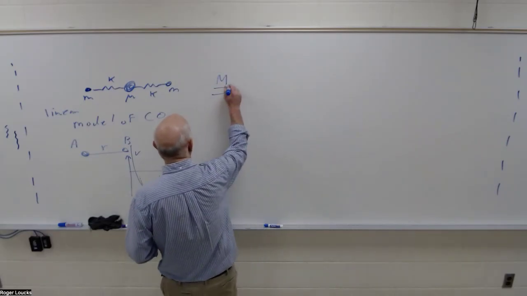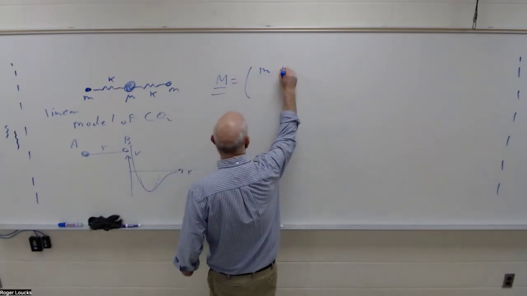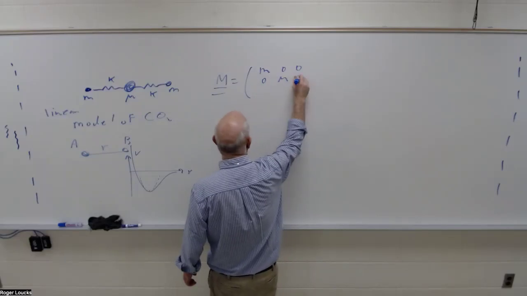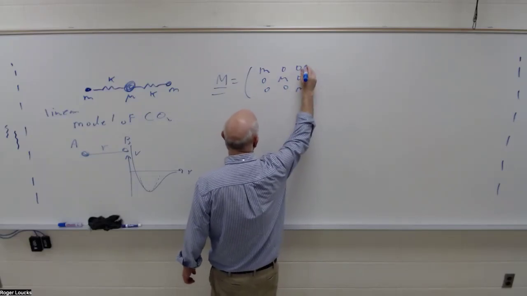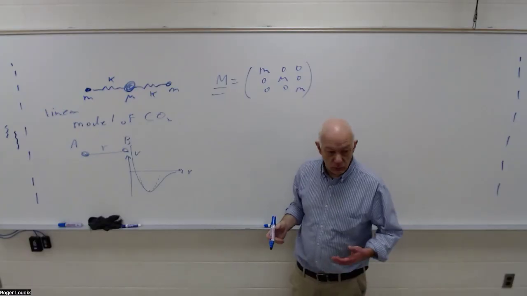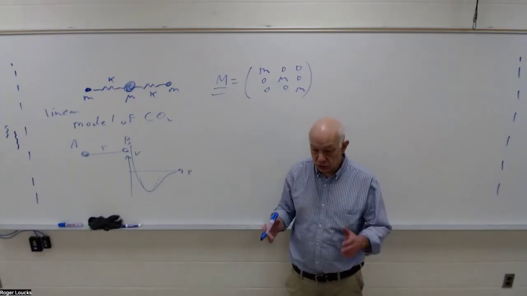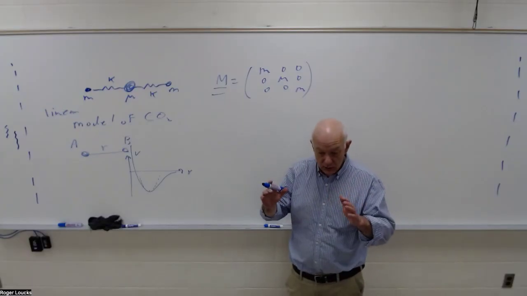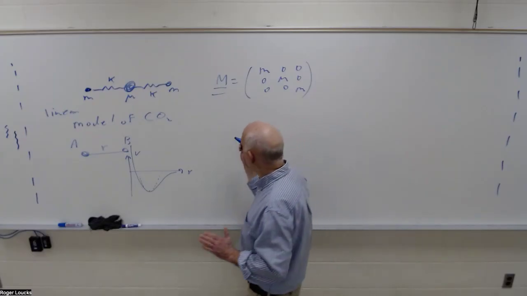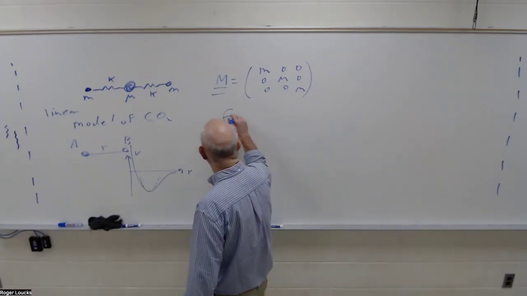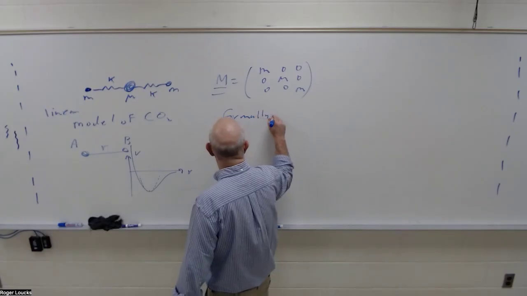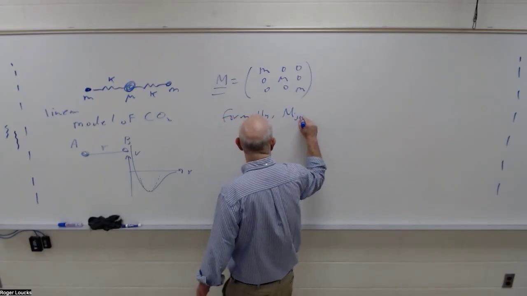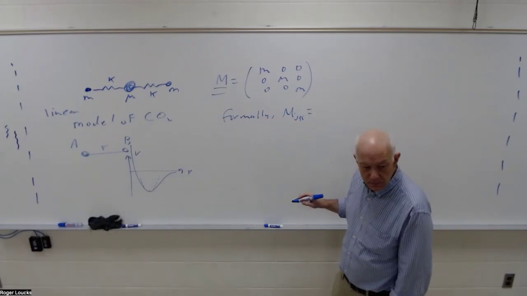So our M matrix became this happy little thing of m, 0, 0, 0, big M, 0, 0, 0, little m. And for almost anything, it's going to be diagonal. To work it out formally, you have to use that one expression. So formally, remember that these M_jk elements are given by, what are they given by again?